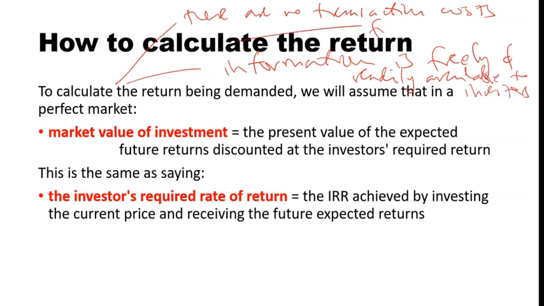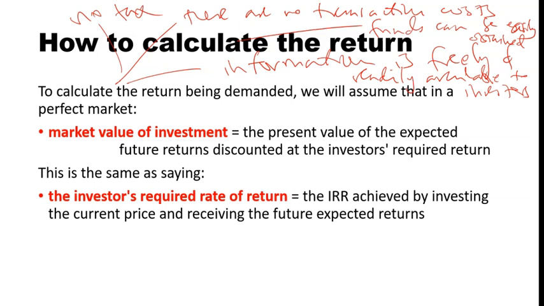Funds can be easily obtained to pursue whatever project is going to yield a positive NPV. You can just do everything at lower cost. There are no transaction costs, no taxation, no tax to worry about. All right, so that's a perfect market.